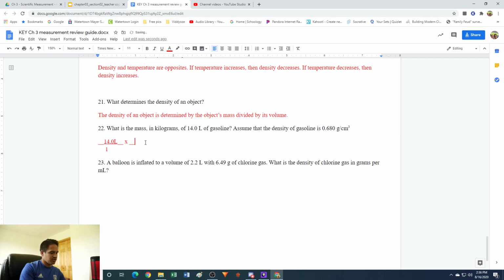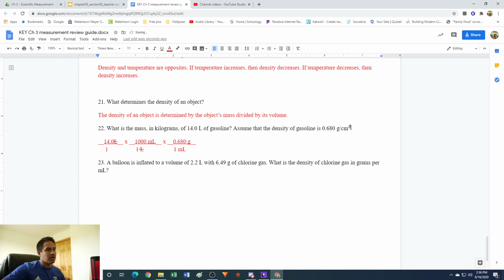Okay, so the first conversion we're going to take is 1,000 milliliters per 1 liter. And then this will cancel out our liters and get us into milliliters. Once we're in milliliters, then we can use the density that we're given. So we're going to have it as 0.680 grams over 1 milliliter.